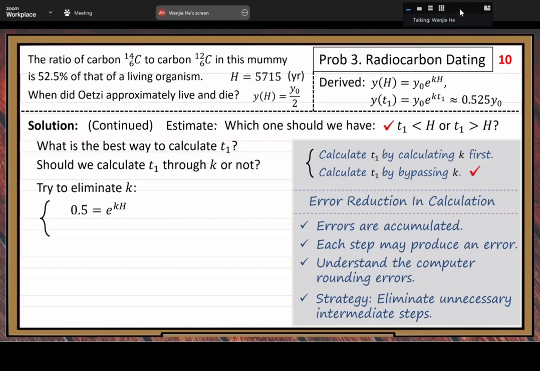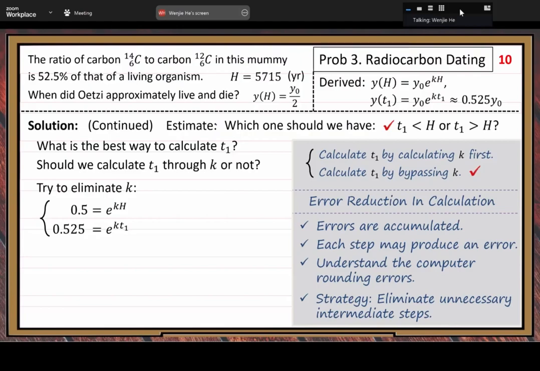First equation from the half-life. Second equation, our target equation. Can we cancel out K? We don't want to do calculation on K. So how to cancel that K?